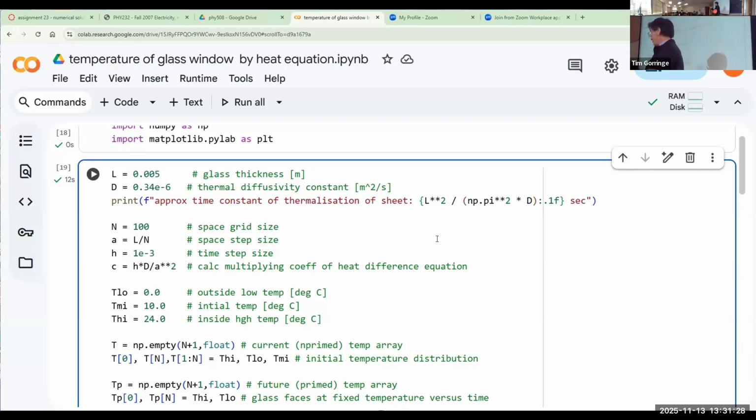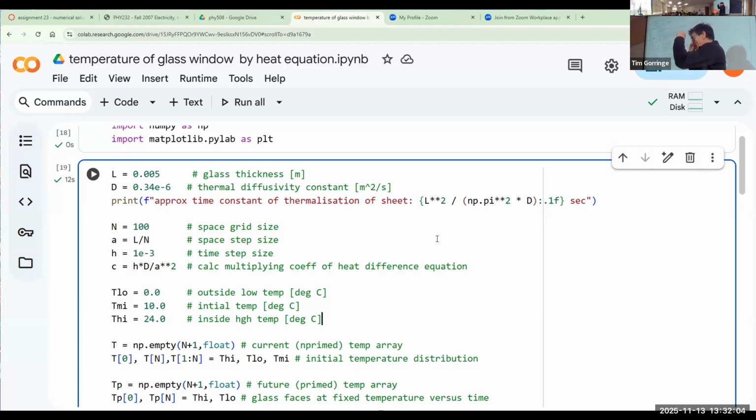Now, that's not an expectation about what powers they appear in the numerator and denominator, but we also know that the time constant is a time, and we're making it out of these two parameters that are important in the problem. One of them has a dimension of meters. And the other one has a dimension of meters squared per second. So the only way to make a time out of this is to have length squared divided by diffusion constant.